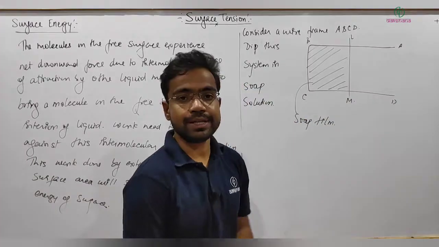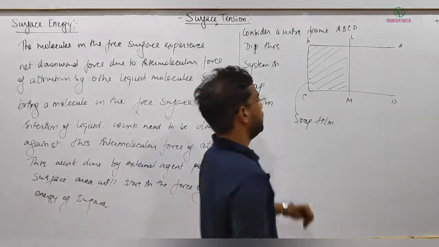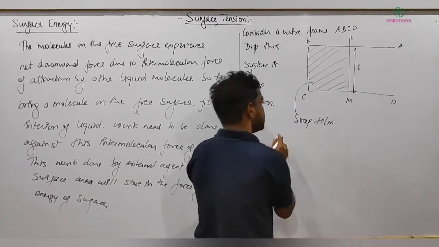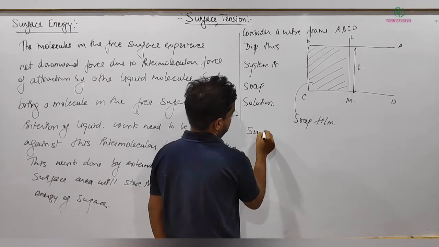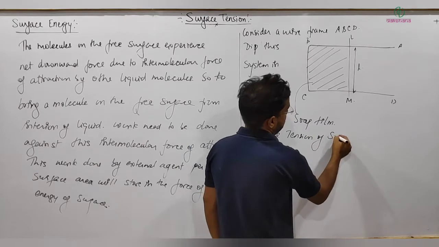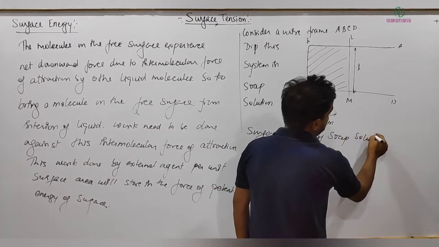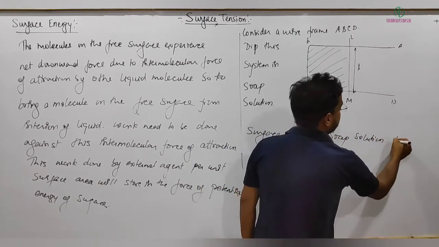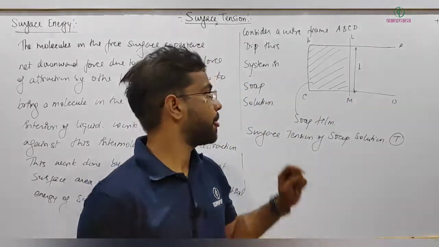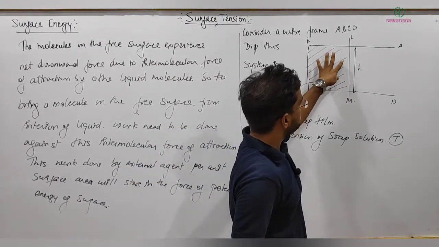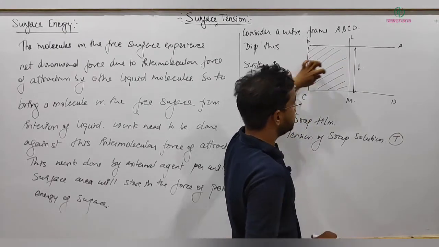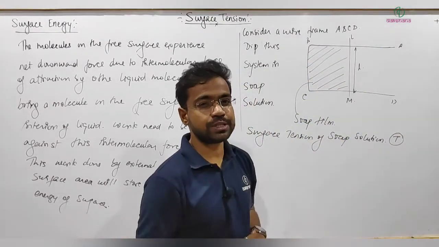right? Means liquid surface. Now let's say its length is L, and the surface tension of the soap solution is, let's say, T. So first thing is simple. Now because this is a free surface of soap solution, it will have a tendency to contract, to reduce its surface area.